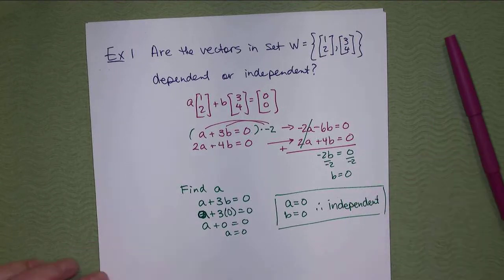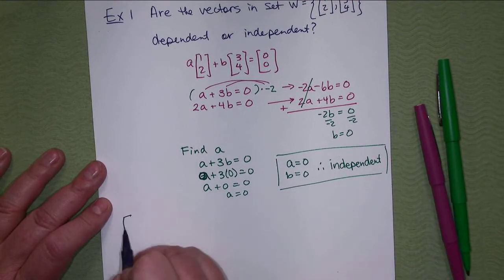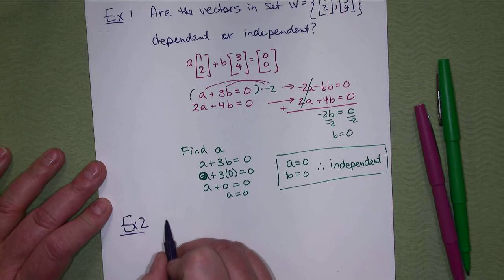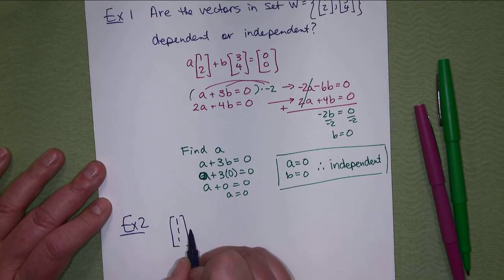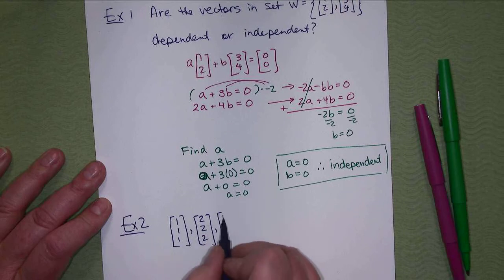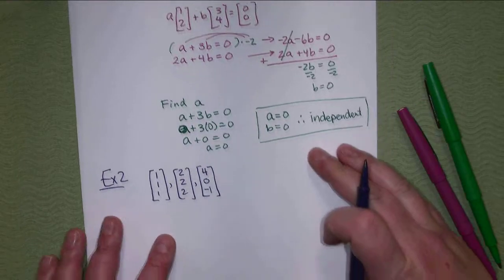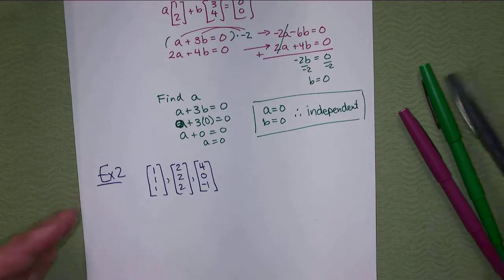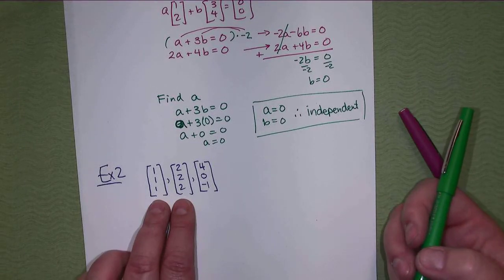Okay, so for example, let's make an example that we don't really need to solve. Let's say the same question, but with these 3 vectors. I tried to make it very obvious that 2 of them are parallel.